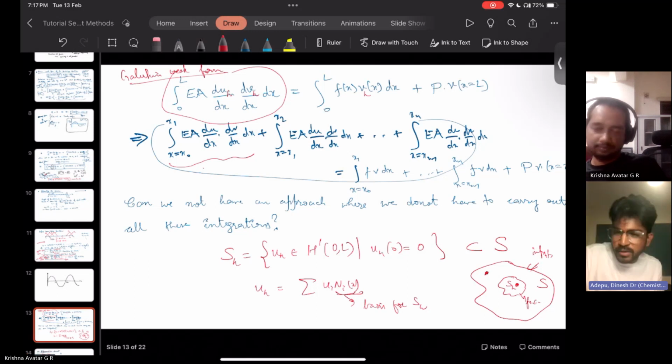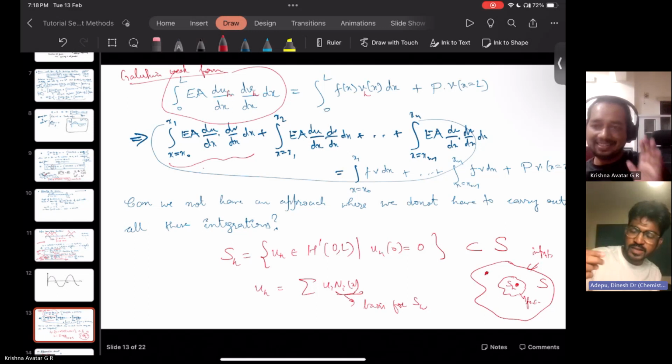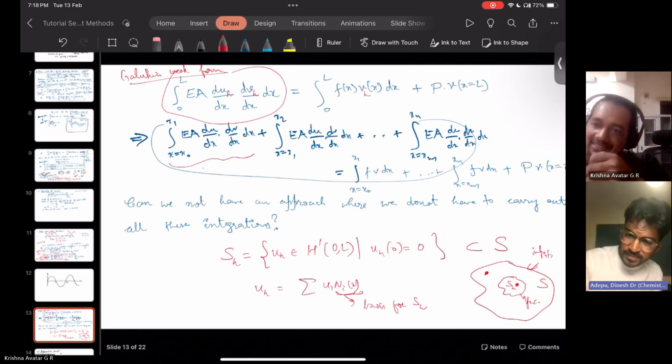Any solution can be a combination of some basis functions. In a similar way, in these spaces you have so many orders of functions, but we're only looking at first order, second order. So that's why we say this discretized form is a second order approximation, third order approximation, first order approximation. That's what we say.